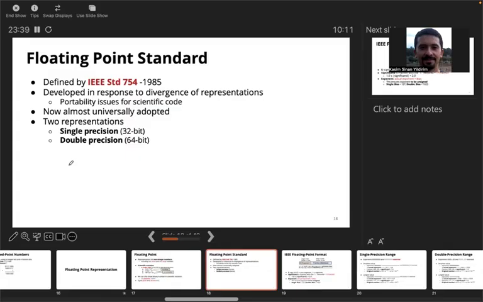Everything that you define as float or double will be represented using this encoding. So using this standard, we have a standardized way to represent these real numbers across programming languages and computing systems.